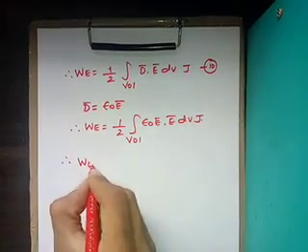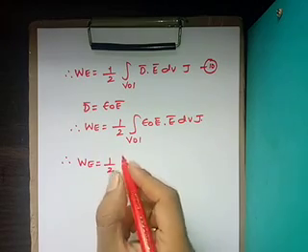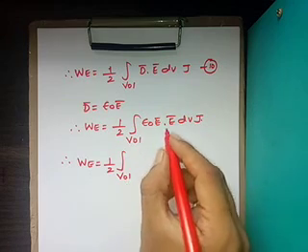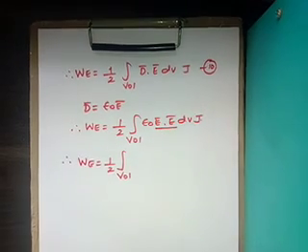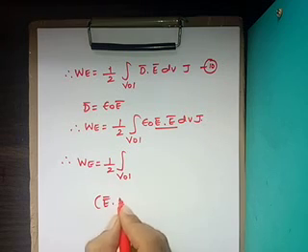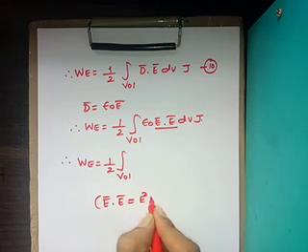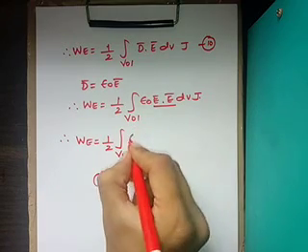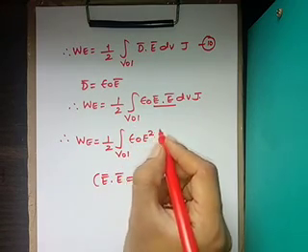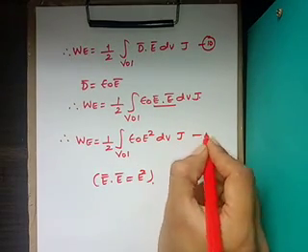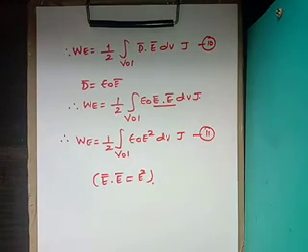Therefore we is equal to half volume integral epsilon naught E bar dot E bar, and E bar dot E bar is E square, right? We know this identity. So half volume integral epsilon naught E square dv joules, take it as equation 11.